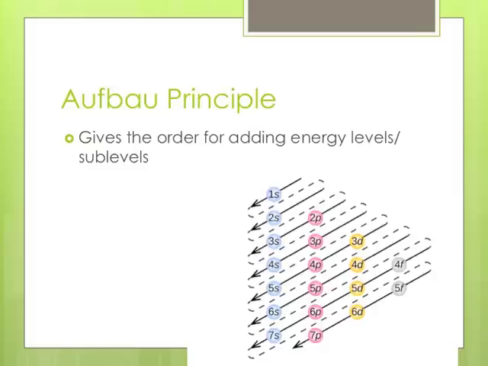So down here at 1s, this is going to be our lowest energy. And as we move up, we're going to get to higher and higher energy. And it doesn't always follow a sensible order necessarily.